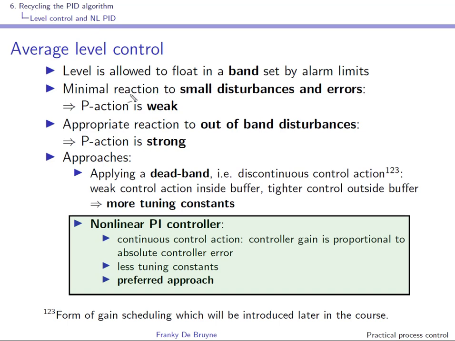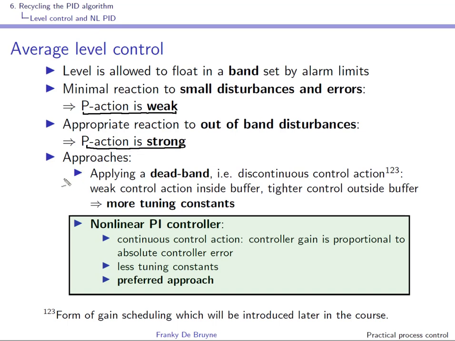So if the control error is small, then you expect a slight control action, and the proportional action will be weak. Remember that for level control, the action of the controller is mainly proportional action. If you go outside the bands, if the control error increases, then you expect a strong control action, so a strong proportional action.